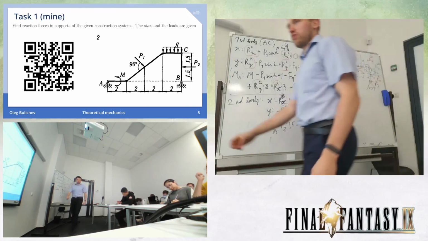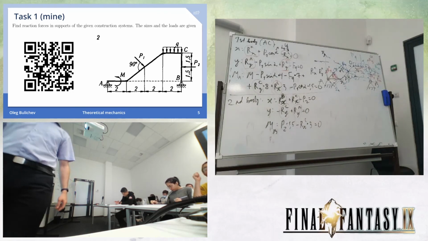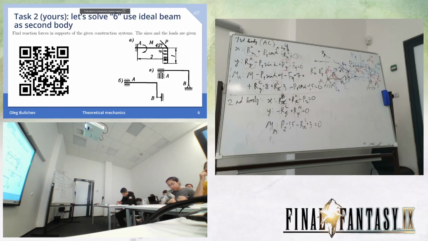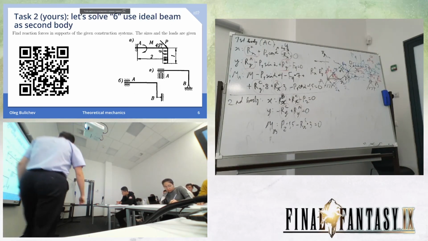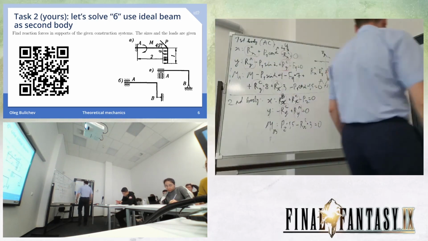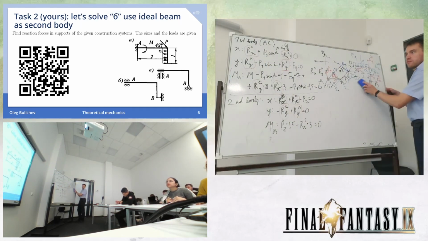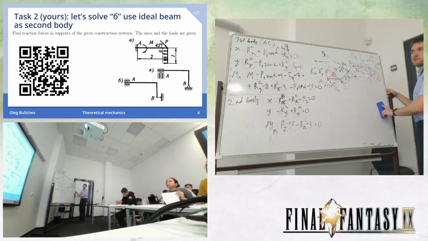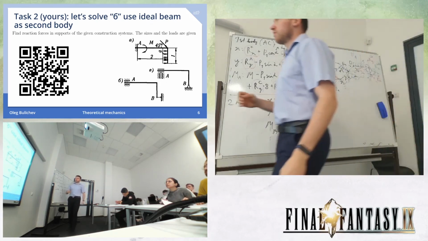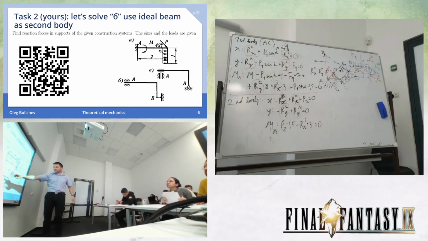Okay, so try to solve on your own. Why sine alpha? Like which alpha? So it's not 6B. Do you really have ideal beams? Do you remember that it was one of the possible types?